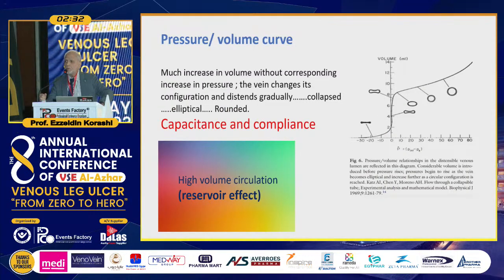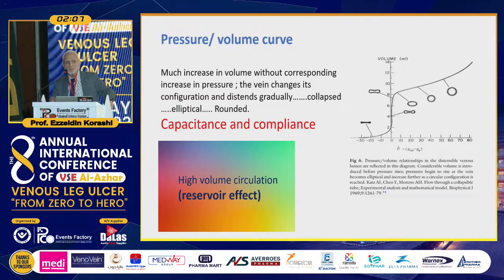It's very important to know there's a pressure volume curve. Veins have a very important property: they can accommodate large volumes of blood without a concomitant increase of pressure. The capacitance is part of it, and compliance is part. Capacitance means they can expand.